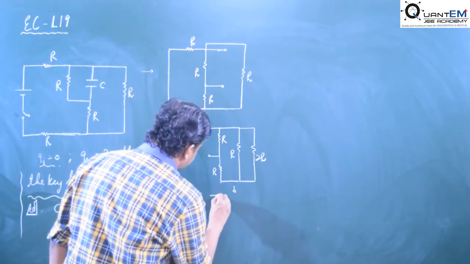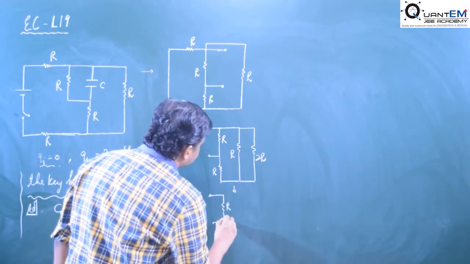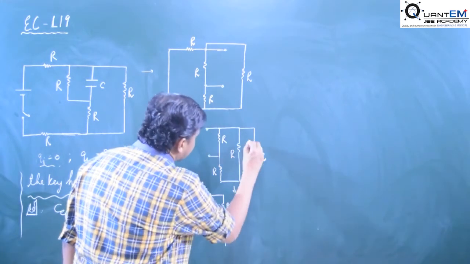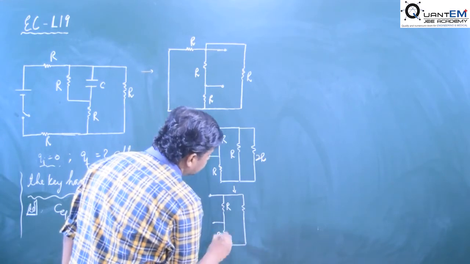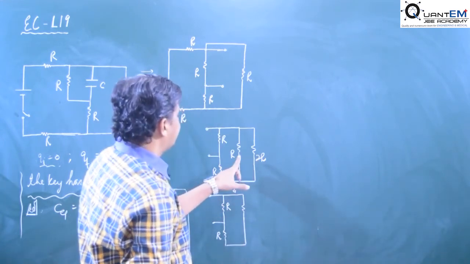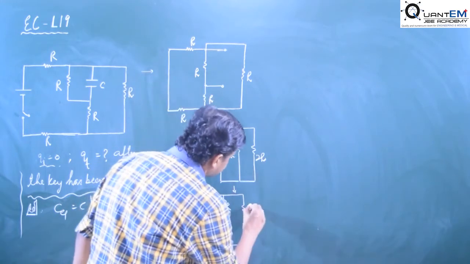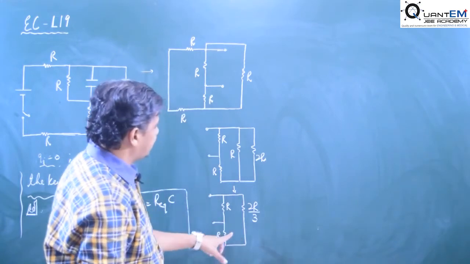It is R, it is again R, and equivalent of these two parallel is what? That is 2R into R, 2R square divided by 3R, that is 2R by 3. Now see, these two are in series.